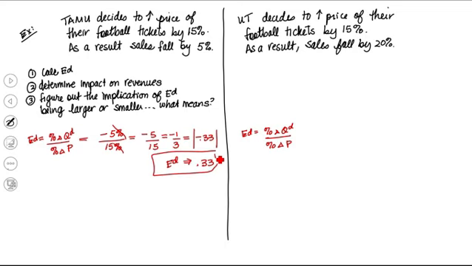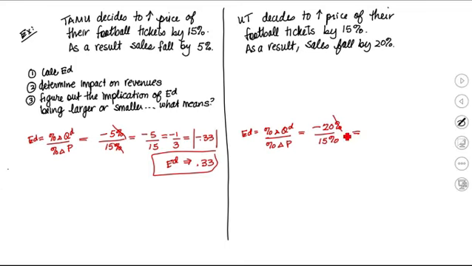All right. Let's figure out what it is for University of Texas. So they also increase their price by 10%. But in this case, sales fall by 20%. So again, you should have negative 20 on the top. We can cancel the percent signs, but guys, be very clear. I can only cancel them when they're on the top and the bottom.